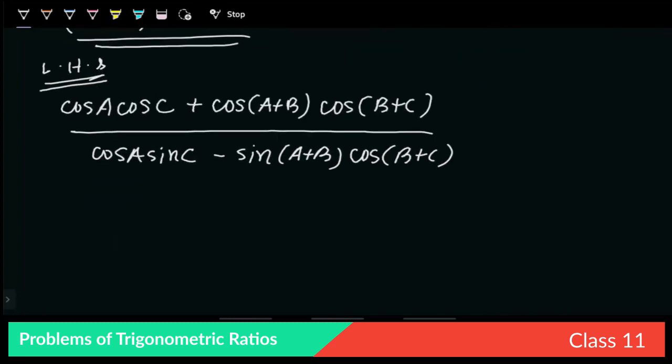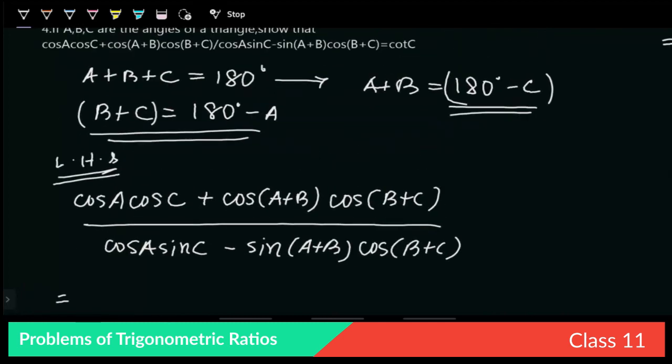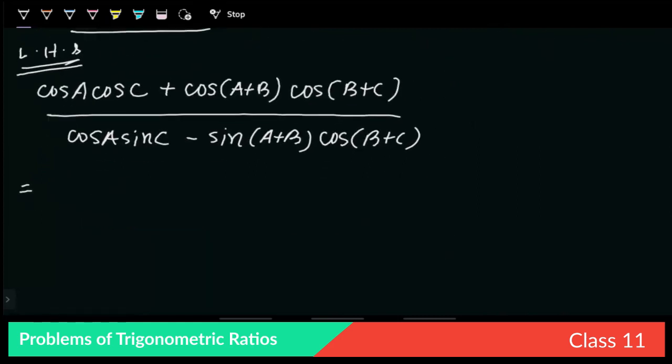Okay, now see. In the first line, I have written A plus B plus C equals 180 degrees. So I can say from this that B plus C equals 180 degrees minus A, and A plus B equals 180 degrees minus C. So in this sum, we will simply put the values of A plus B and B plus C as 180 degrees minus C and 180 degrees minus A. Please see carefully.